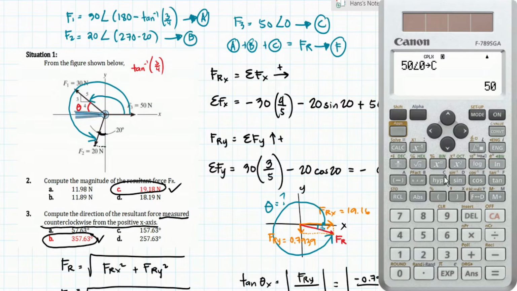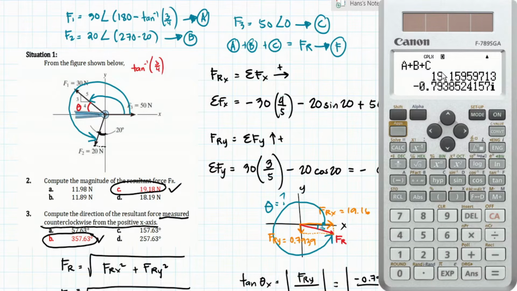So C. Okay, so A plus B. Ay, nawala. Plus B plus C.